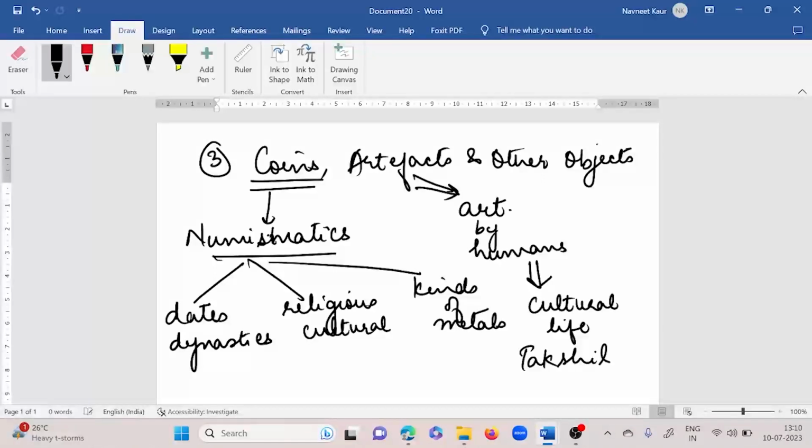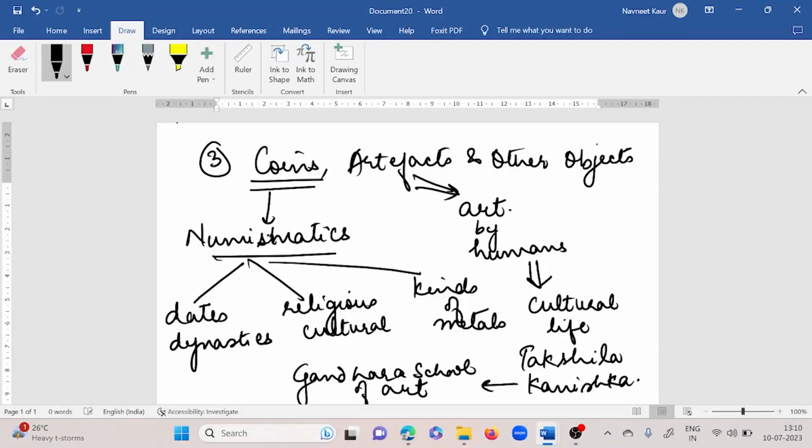At Takshila, of the Kanishka period, right? And they throw light on what? On the Gandhara school of art and its influence on Indian art, right? This is what we studied in the archaeological sources.